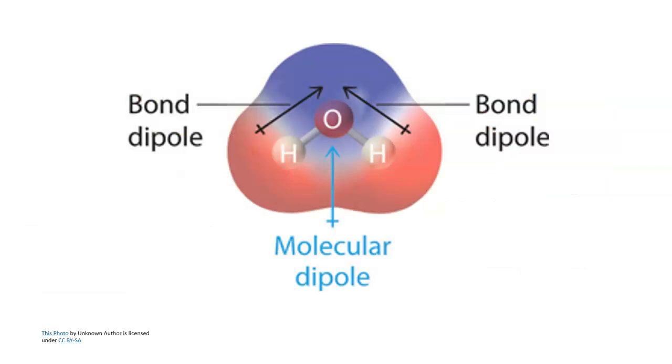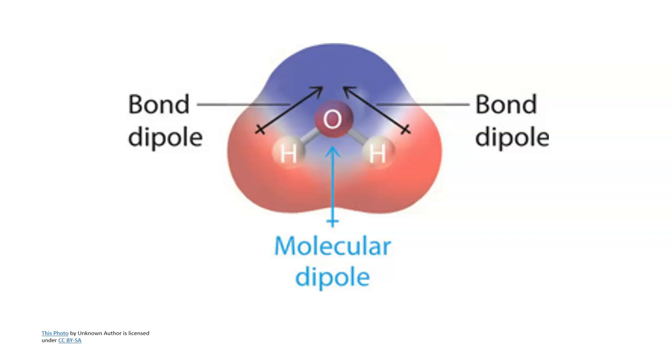For diatomic molecules with equal electronegativity, there's no dipole, which means it's nonpolar. If we have different electronegativity, there is going to be a dipole, and that makes it polar. Now, let's say there are three or more atoms. It depends on the individual bonds and the overall geometry as to whether it's polar or nonpolar.